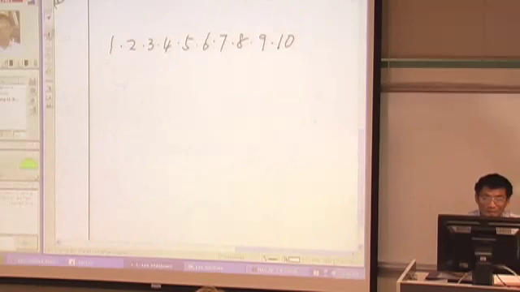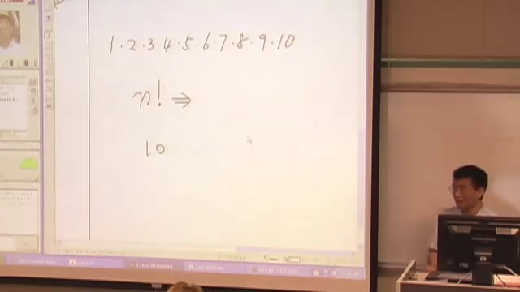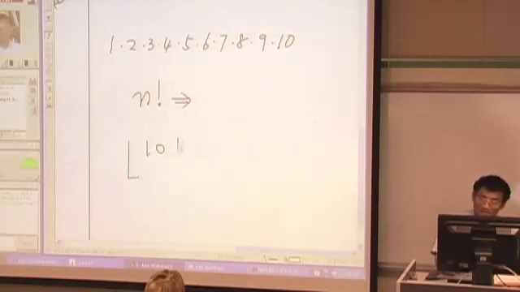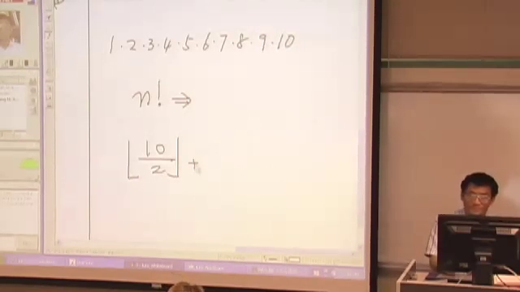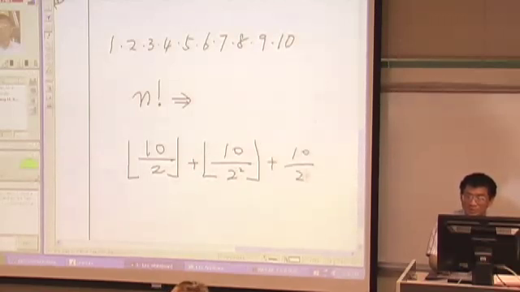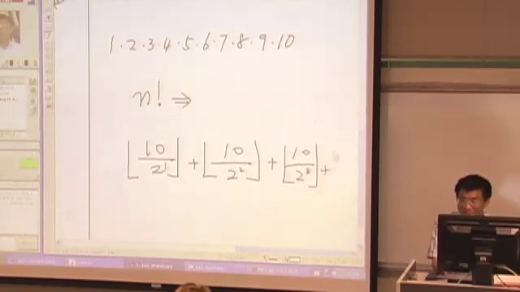For instance, 2. So you are handling n factorial, but you don't use this factorial portion, just n portion, just 10, not 10 factorial. If you use 10 factorial, it's a disaster. And then assume that you are using 2, I will do this. And then 2 squared, and then 2 cubed, and then, so first power, second power, third power, fourth power, fifth power, and add everything like this.